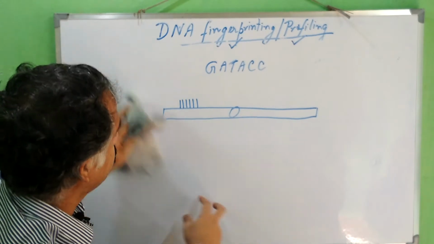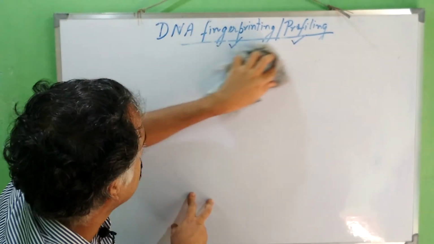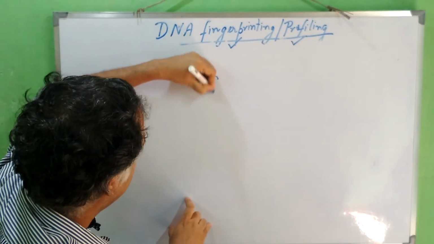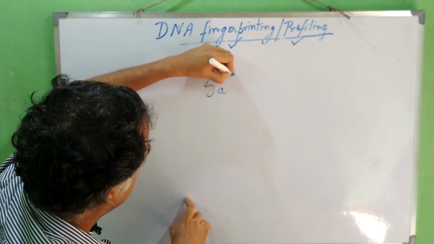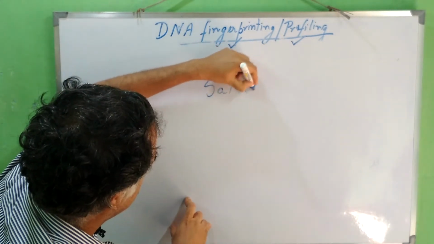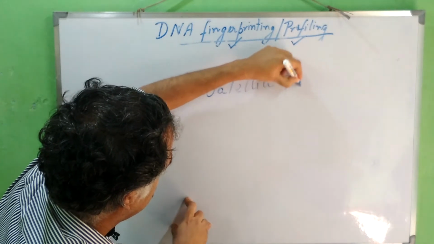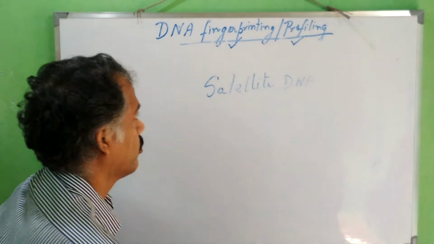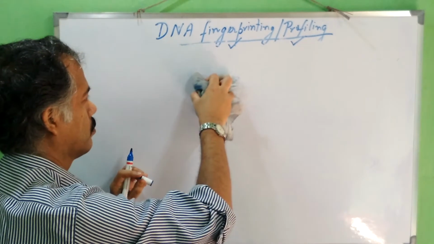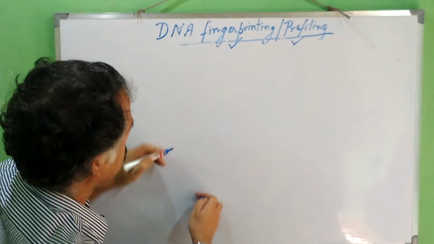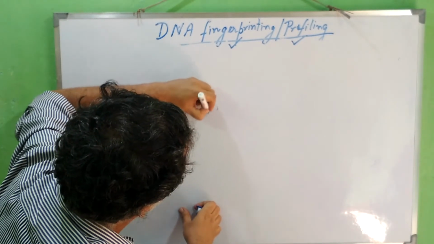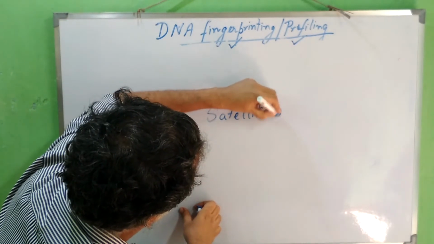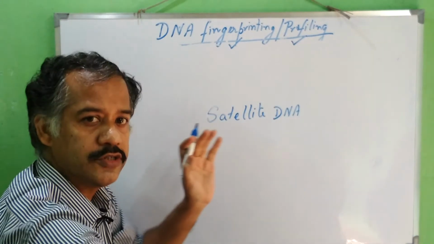The tandemly repetitive DNA is largely grouped into what are called satellite DNA, which are very large repeats.